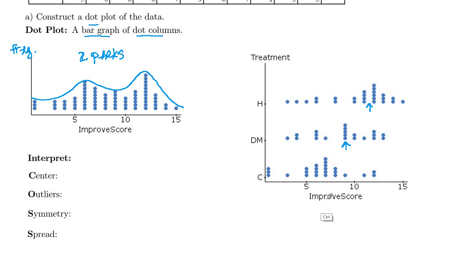So maybe that's a little bit high, maybe about right there. But we get a pretty good idea that the center for honey is higher than the center for dextromethorphan, which is higher than control.